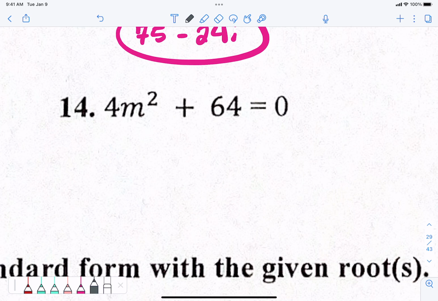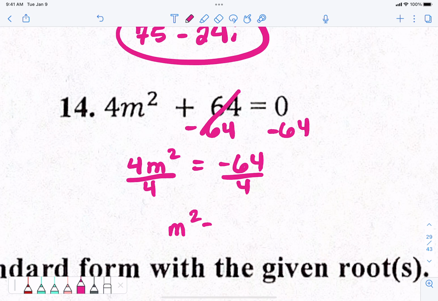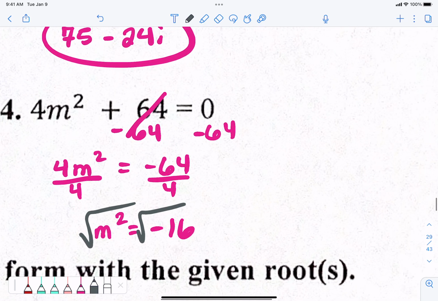64 divided by 4. What is the 16? Okay. Is it negative 16? Yes. Is it plus or minus 4, or is it like plus minus?